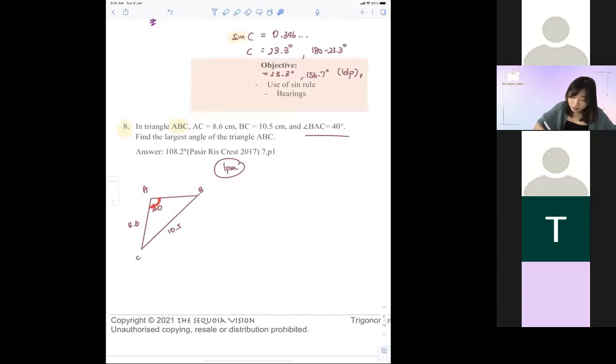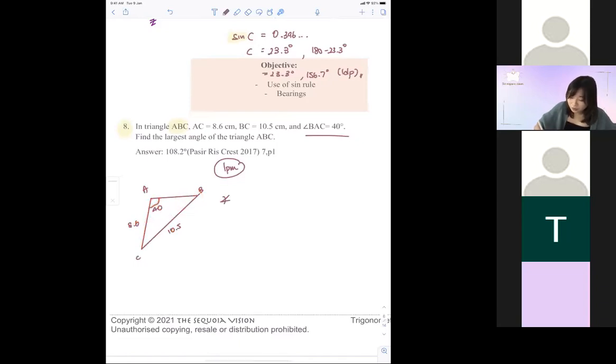See, you have this angle, you have its opposite length, so you can try to find the opposite angle. This is a non-right-angle triangle, that's why I'm trying the sine rule. We can use the sine rule because out of the 4 values, only one is unknown.